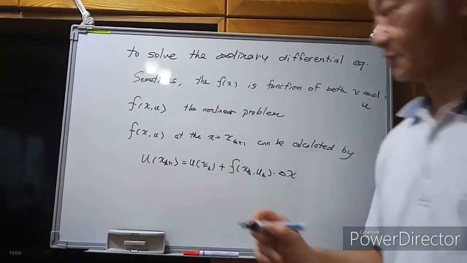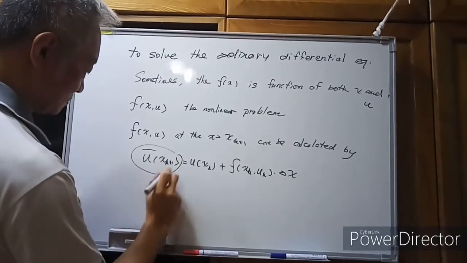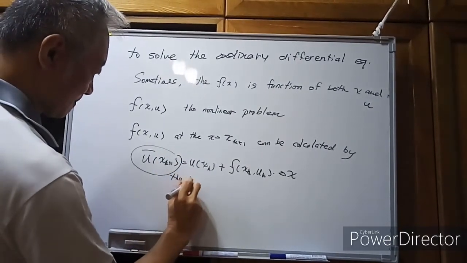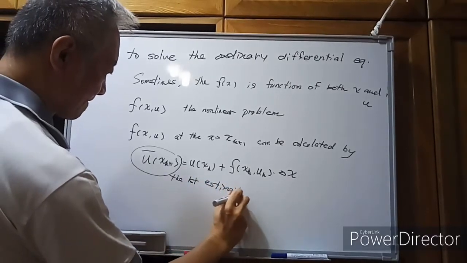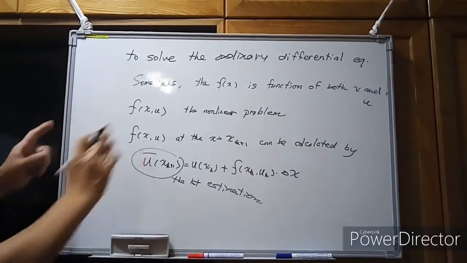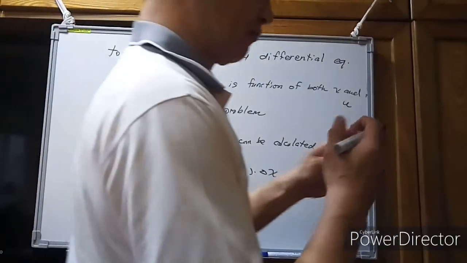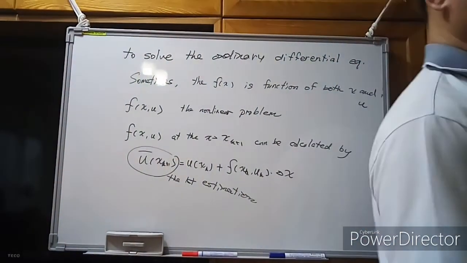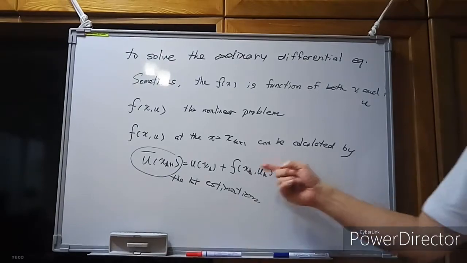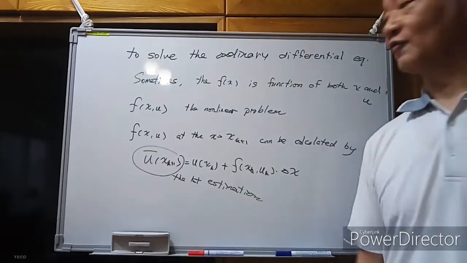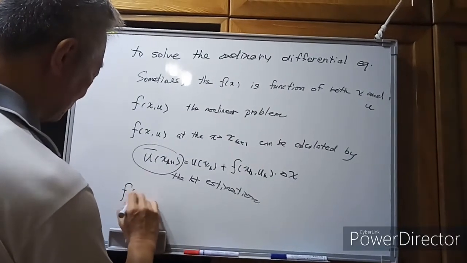This is the first estimation. First we need to estimate the approximate function value at the right end. We can use a function like this one to estimate the function value u bar. Then we can calculate the beta.